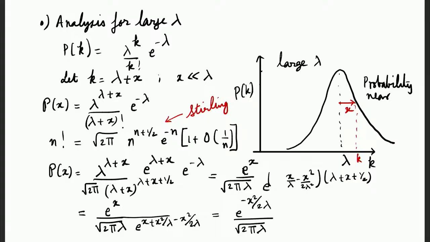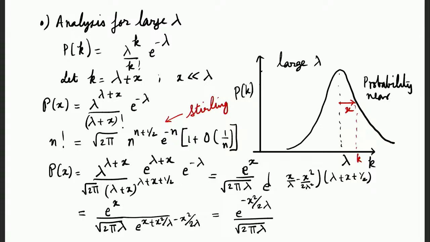Let me call that distance x. So, I write k is lambda plus x. I am asking what is the probability that my actual value k is different from the mean value lambda by a quantity x. So, now I want to find the probability of this x.